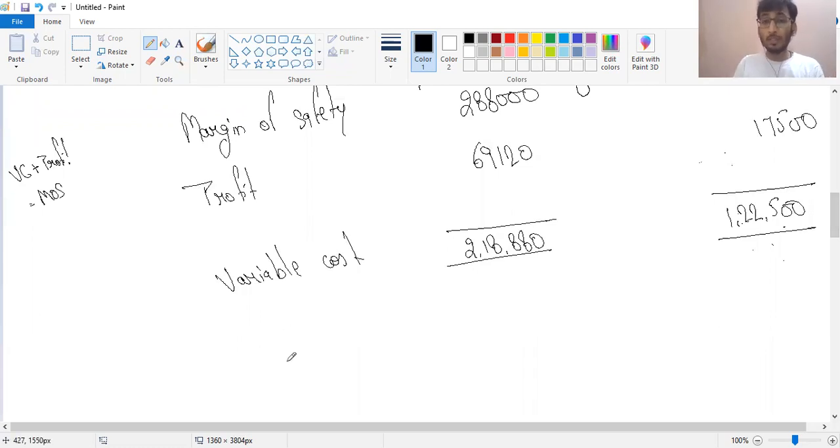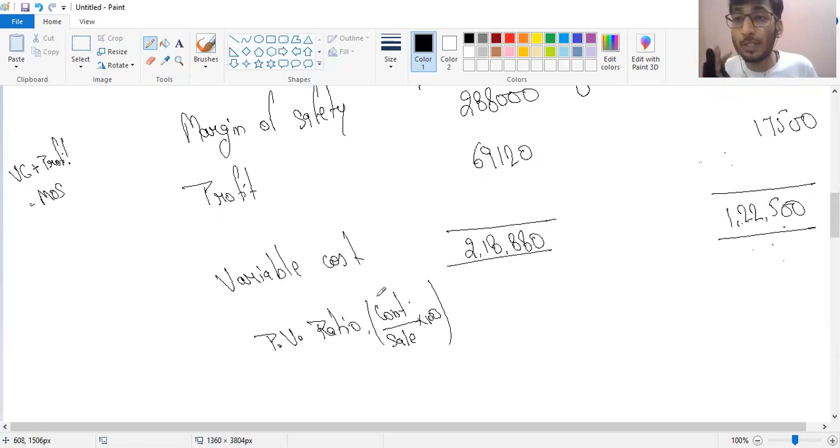Now the next thing. If this is the variable cost, can we calculate the PV ratio, profit volume ratio? What is profit volume ratio? Contribution upon sale multiplied by 100. Now for the margin of safety sale, we know that contribution is equal to profit because there is no fixed cost. You know how the cost sheet is prepared.